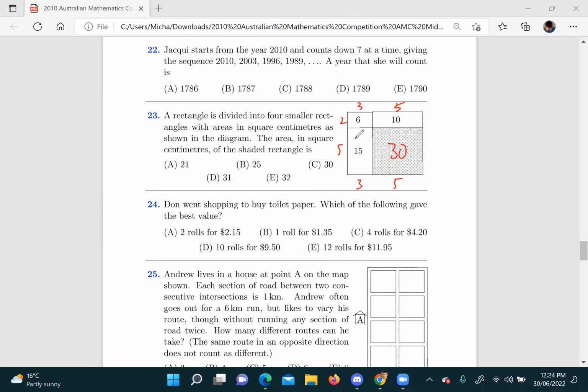So that's how I would approach this question. I guess 6 and 10 have a common factor of 2, right? And 6 and 15 have a common factor of 3, yeah? I mean, it could also be different.